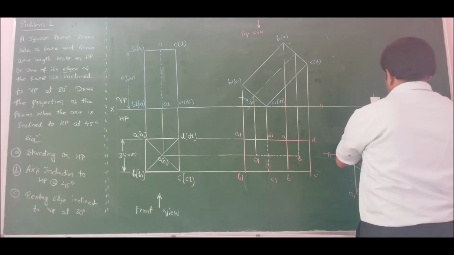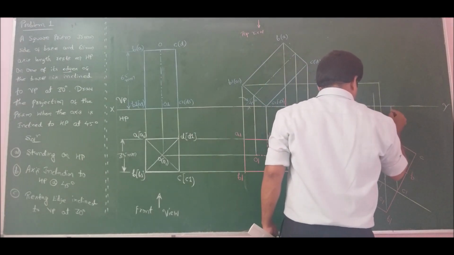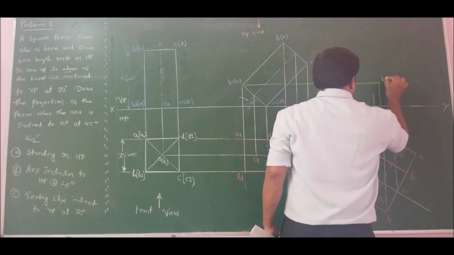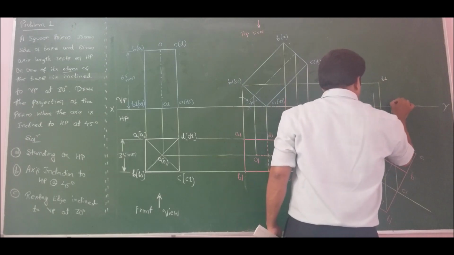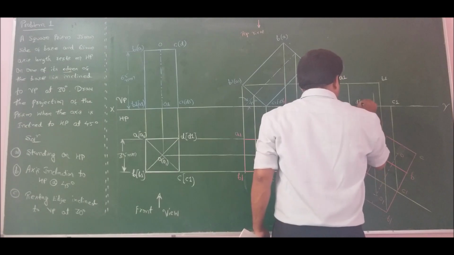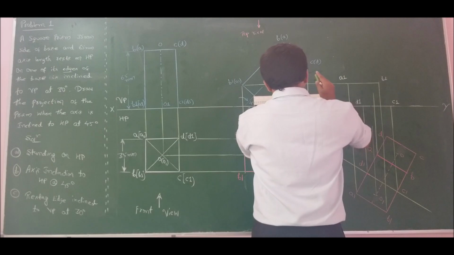A1, B1, C1 and D1, and correspondingly you get the axis as O1.